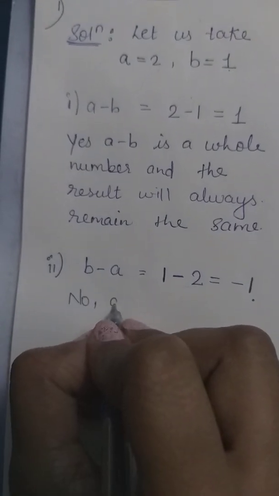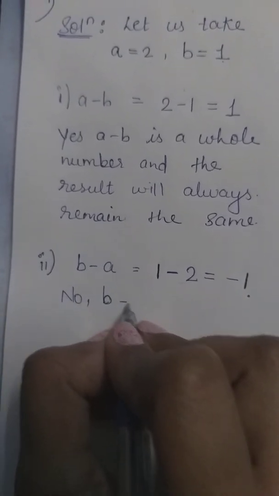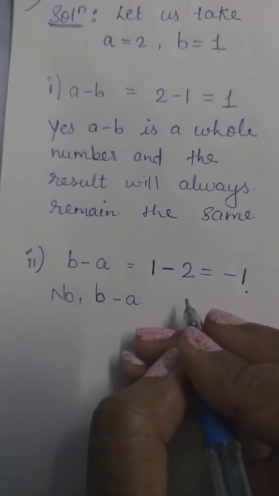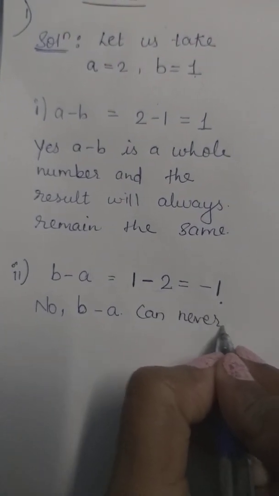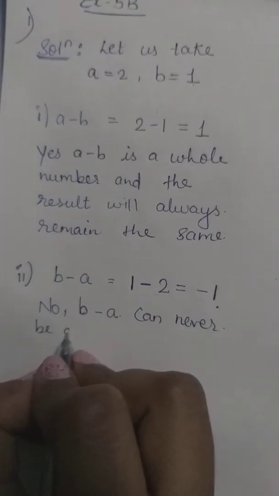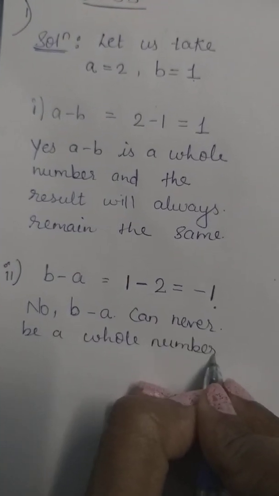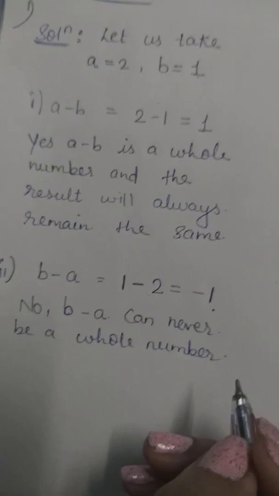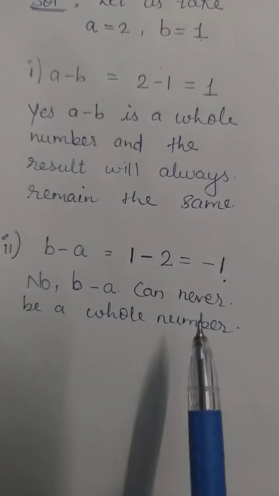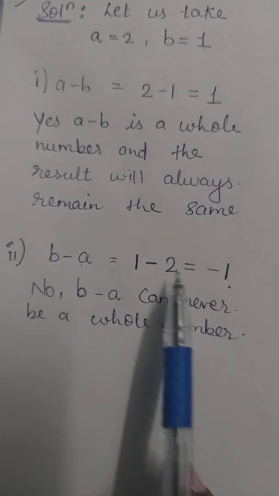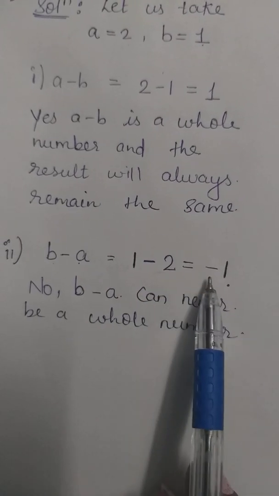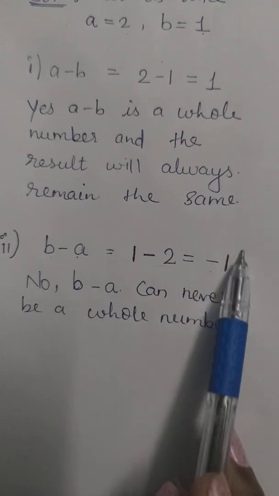No, b minus a can never be a whole number. So I repeat, b minus a is equal to 1 minus 2, so 1 minus 2 is equal to minus 1. So minus 1 is not a whole number.